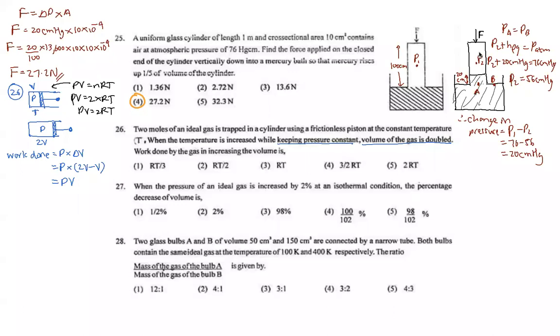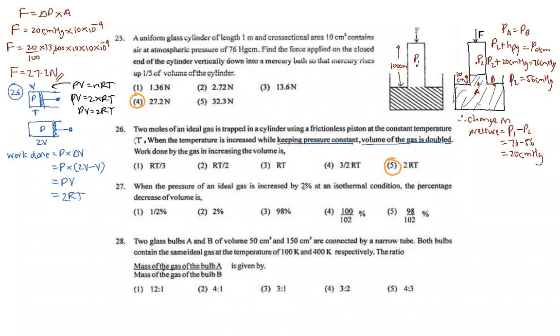So tell me what is the equation? That is 2RT. Answer is fifth one. How many of you got fifth? Right, good. 26th done.